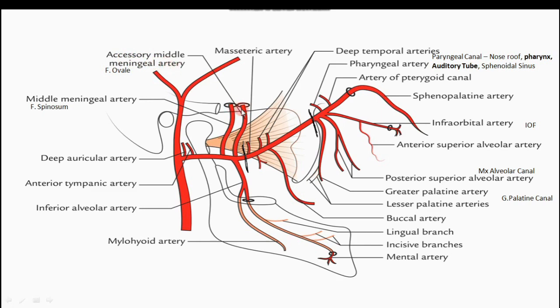Accessory. It supplies the meninges and more to the pterygoid region. Clear? So its main distribution is extracranial.